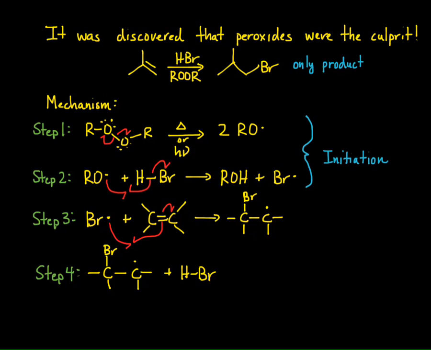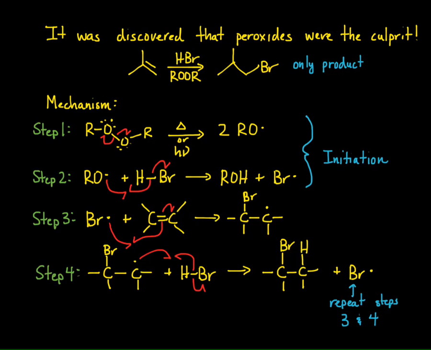You can almost think of this as one molecule of peroxy radical reacting with one molecule of HBr, where I have a whole mole of HBr present in my reaction mixture, right? So I still have a lot of HBr present. And so that radical is going to react with HBr. And again, I'm going to abstract a hydrogen from HBr, and the other electron goes to bromine. And the result is, now I'm getting my alkyl bromide, plus I'm regenerating the bromine radical.